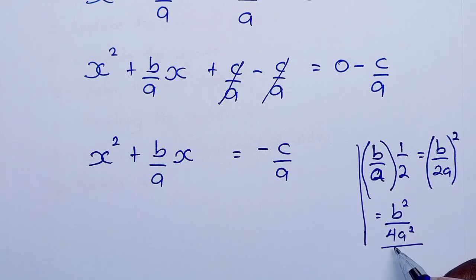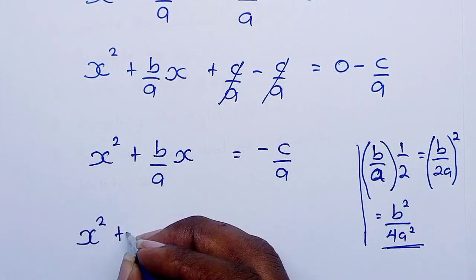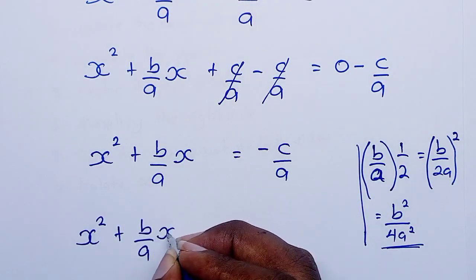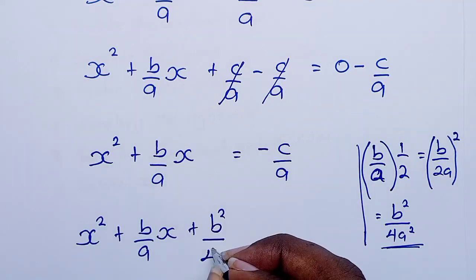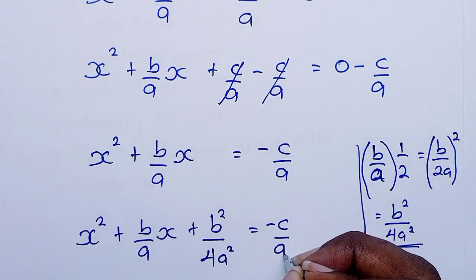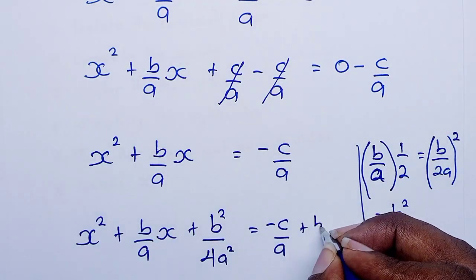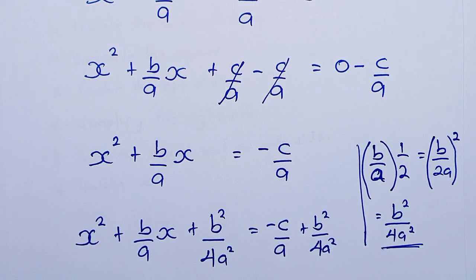Now we need to add this value on both sides of the equation. So we shall have x squared plus b over a x plus b squared over 4a squared being equal to minus c over a plus b squared over 4a squared.